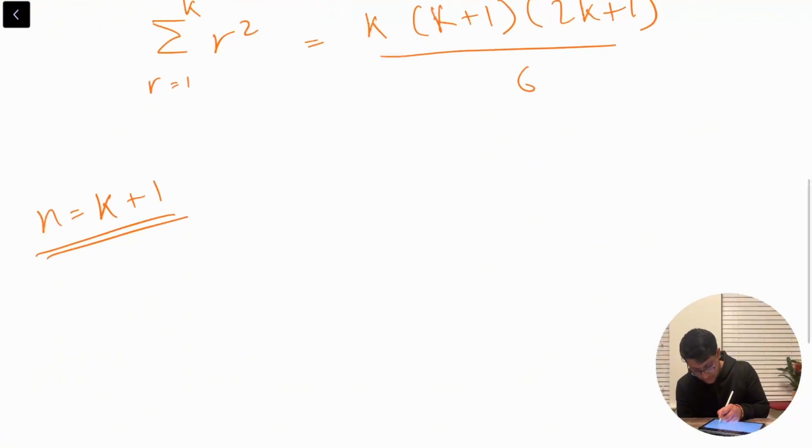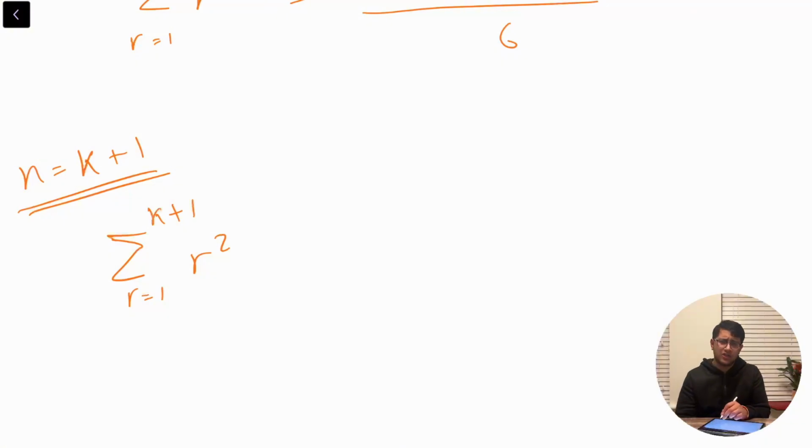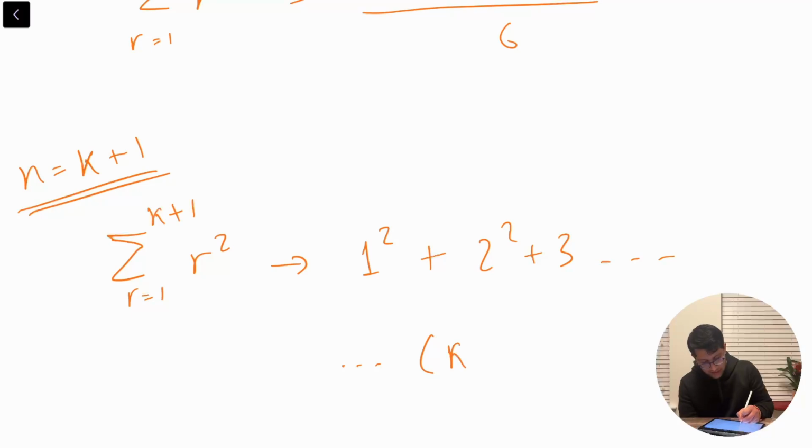So, the summation from r equals 1 to k plus 1 of r squared. What does this actually mean? If you don't know anything about summations, let me try and explain. It starts off with 1 squared, because it's r squared, then adds 2 squared, 3 squared, and so on, until we get to k minus 1 squared, plus k squared, plus k plus 1 squared.